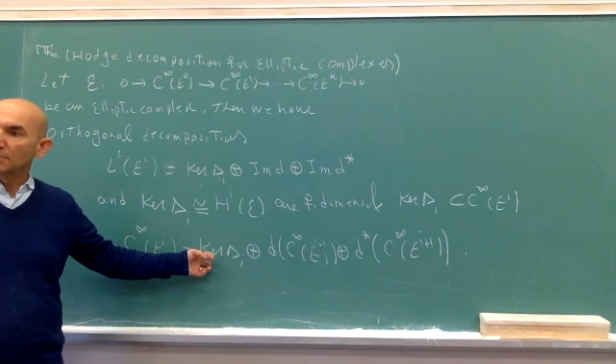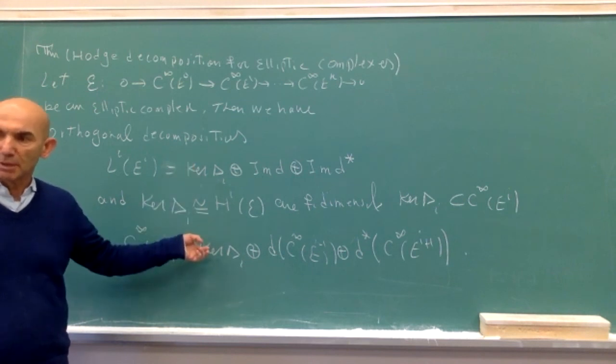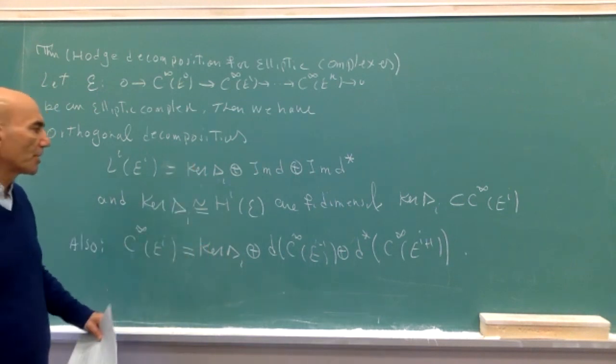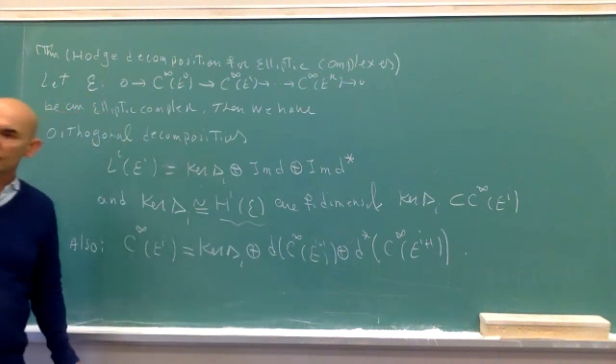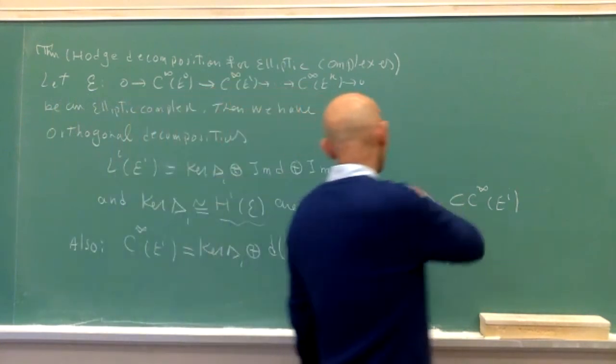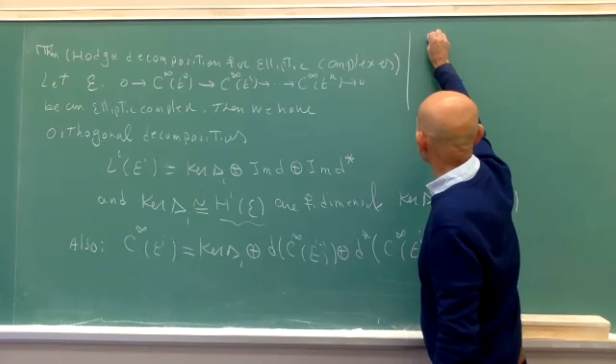Also embedded in this are the de Rham theorems and Hodge decomposition. So there are basically two statements packed into this statement. The finite dimensionality of cohomology groups is a generalization of the de Rham theorem. Before giving the proof, let me give a corollary.